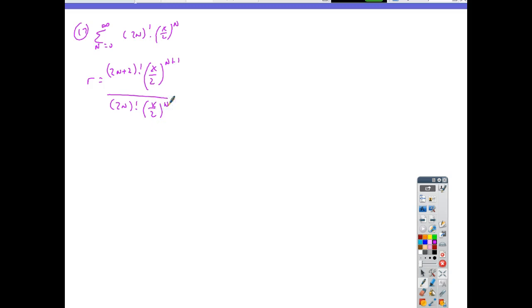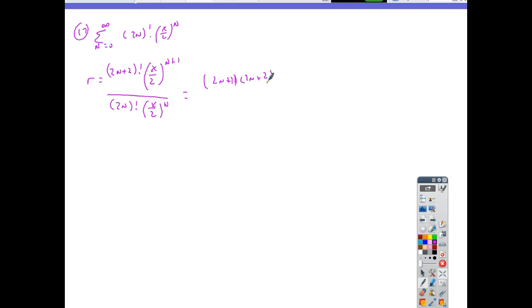We're good? Okay, so now what's interesting about this is this has 2 more terms, right? So there'd be a 2n plus 1 and a 2n plus 2 left over, because there's 2 more terms than the previous one. Because if this was 8 factorial, then this would be 6 factorial, right?